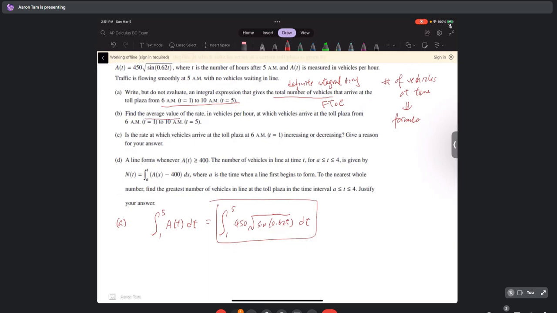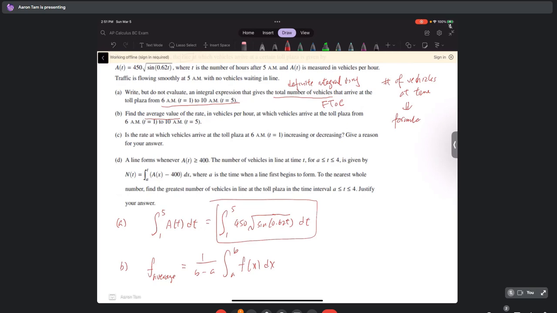So we use what we call the average value formula, which is f average equals 1 over b minus a, integral from a to b, f of x dx.